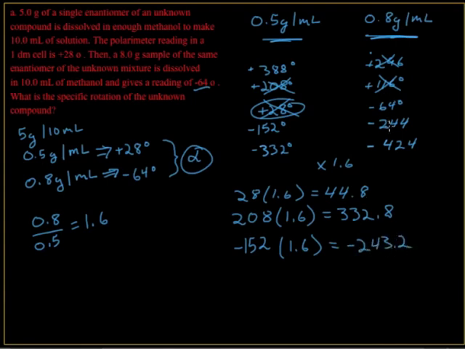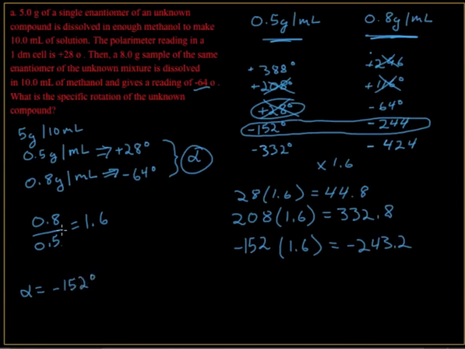Okay, well, that seems to be working pretty well. These two seem to match up. Okay, so let's go with those. That means for the first sample, we have alpha is equal to negative 152 degrees.